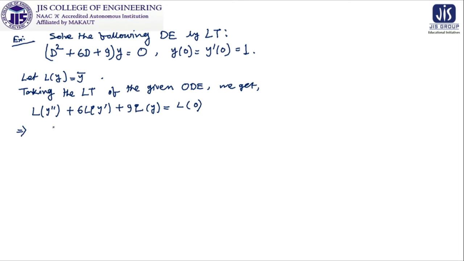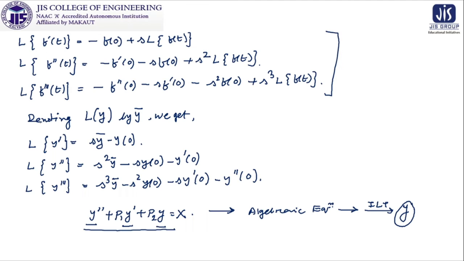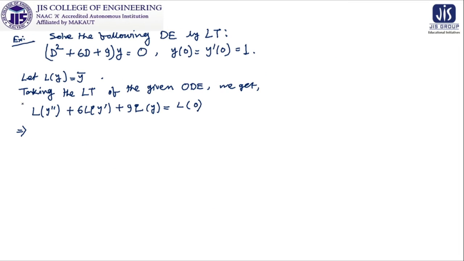So in the next line, in place of L y double dash, we can write, according to the last page, you can see that Ly double dash is already known to us. So using this, we can write here, in place of Ly double dash is s square y bar minus sy0 minus y dash 0 plus 6.